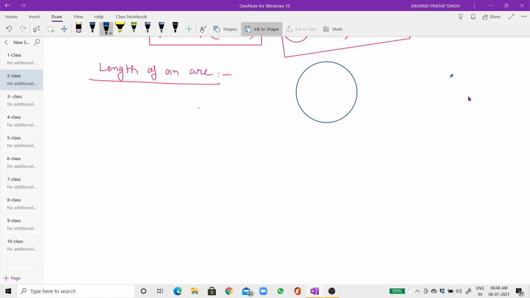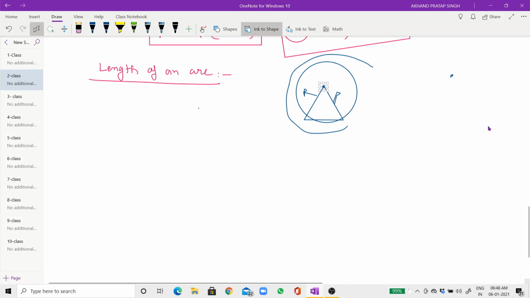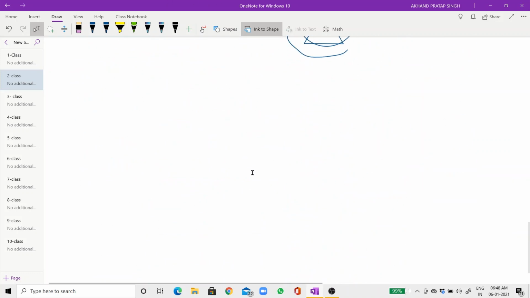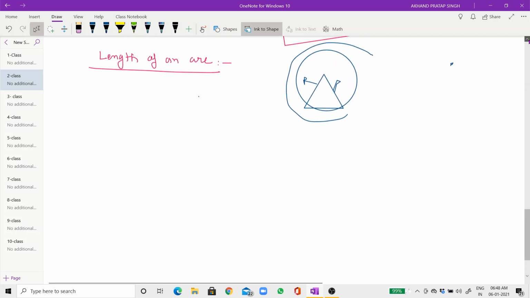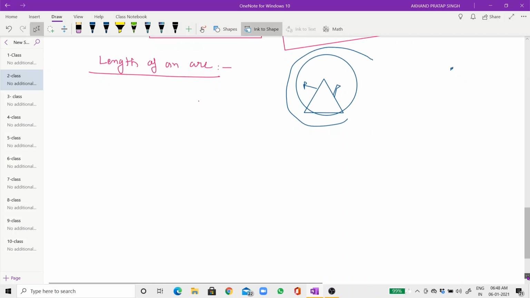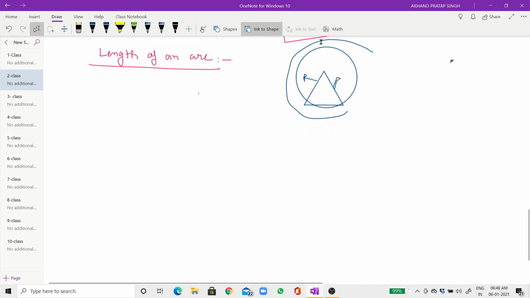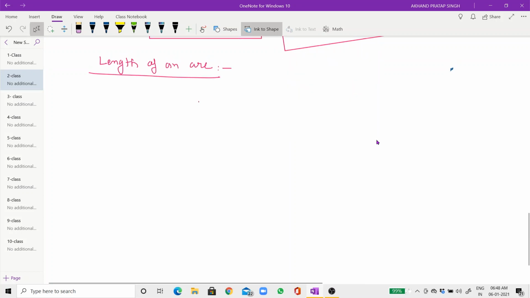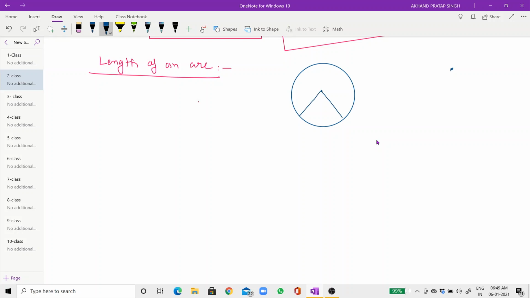Suppose this is a circle and this is the center, and this much is an arc.